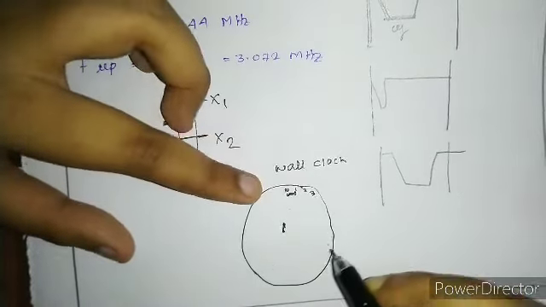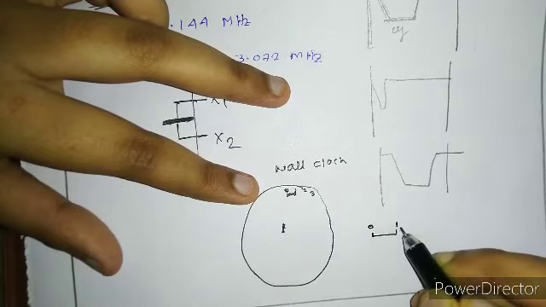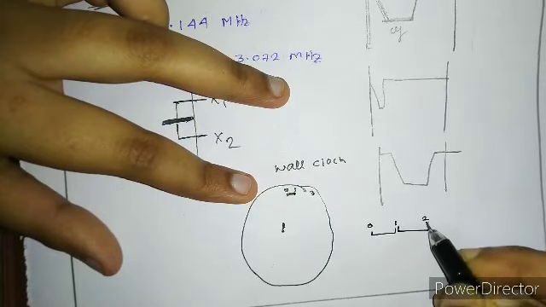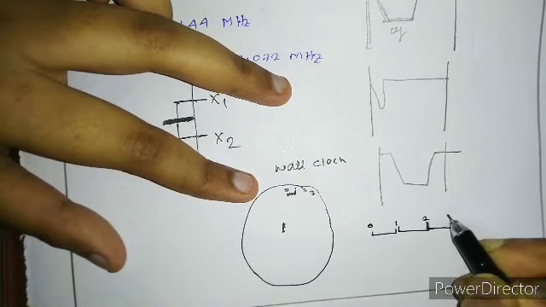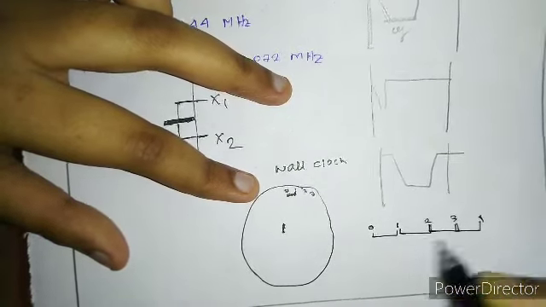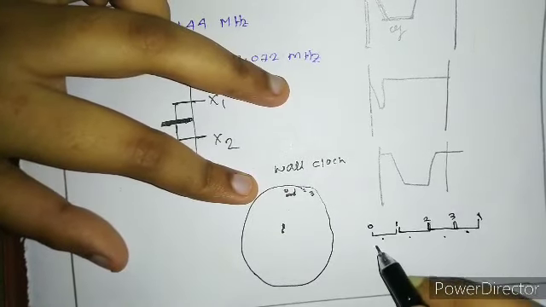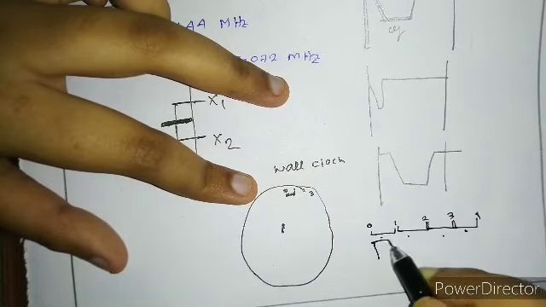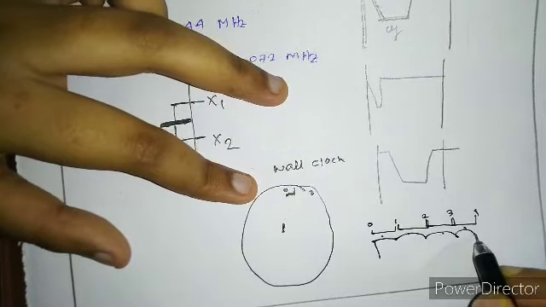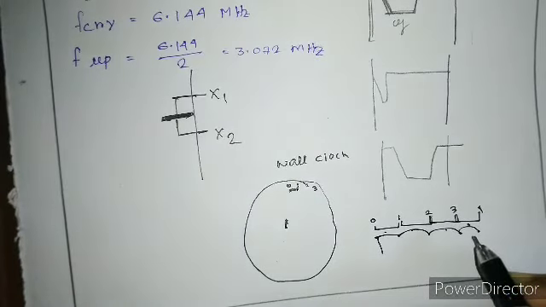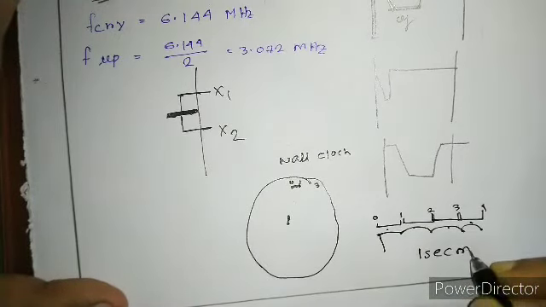If the second hand moves from 0 to 1, then 1 to 2, sorry for my bad drawing, 2 to 3, 3 to 4, they all have equal distance, and the second hand travels from one point to another in the same amount of time, which is 1 second.